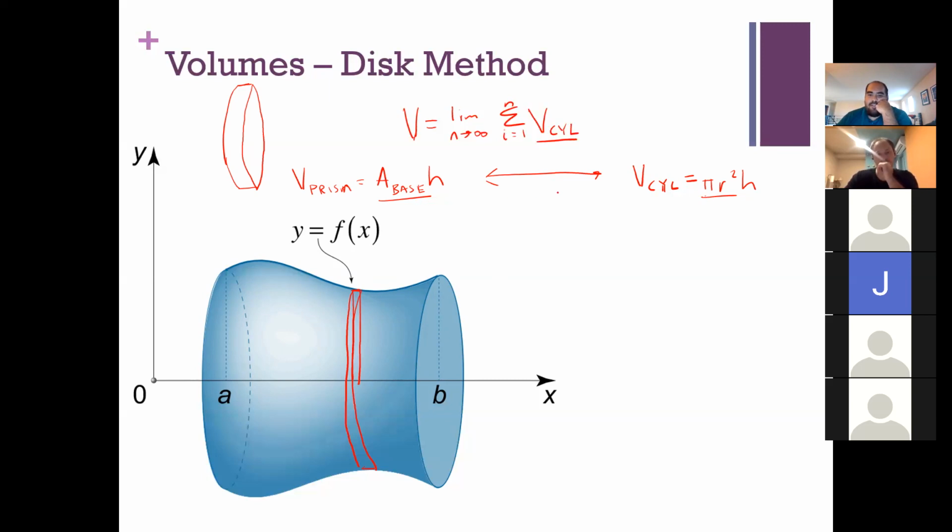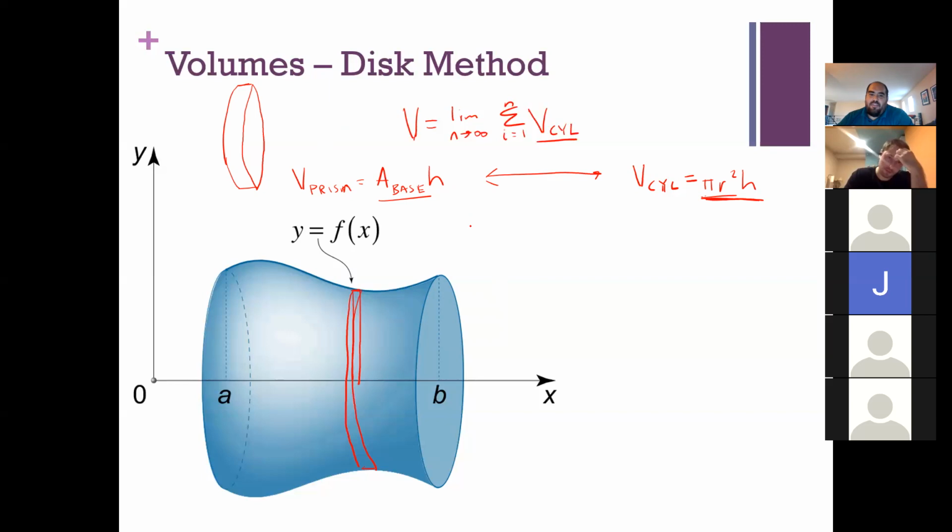So basically, when we're doing an integral here, really all we're going to be doing is adding up all these little subvolumes. And all those little subvolumes are going to be cylinders, so they're all going to be represented by this pi r squared h because we're dealing with cylinders.